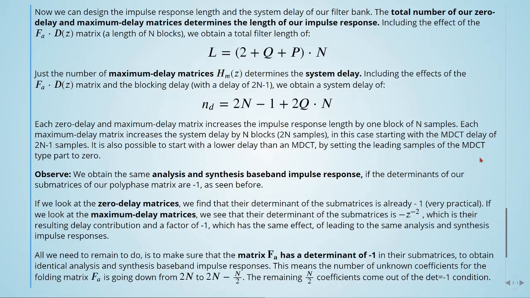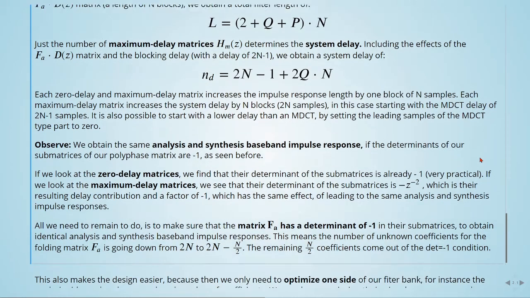In this case, starting with the MDCT delay of 2 times capital N minus 1 samples. It is also possible to start with a lower delay than an MDCT by setting the leading samples of the MDCT type part to 0.